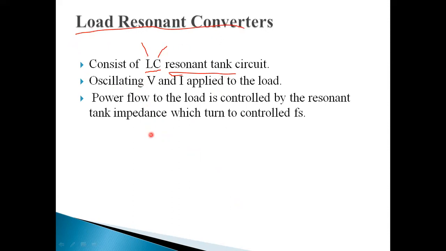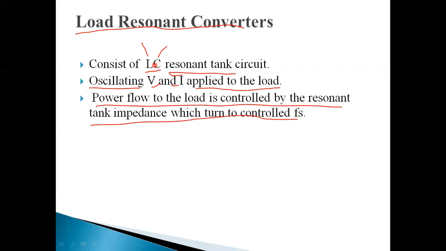After that, the oscillating voltage and current are applied to the load. Power flow to the load is controlled by the resonant tank impedance, which is tuned to control Fs, the supply frequency.